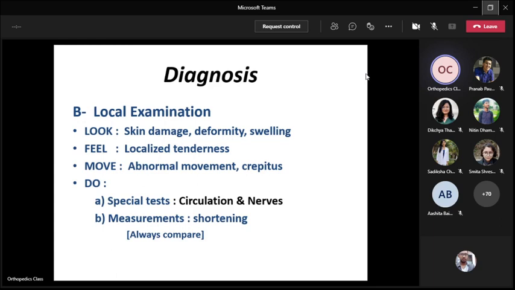After examining this, you will say there is a probably suspected supracondylar fracture, or fracture of the humerus, or fracture of the humeral head, or fracture of the femur, whatever. And to confirm those provisional diagnoses, we go for investigations.